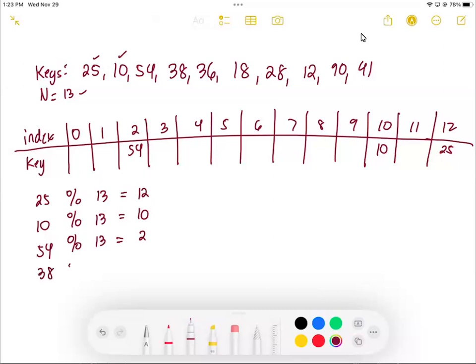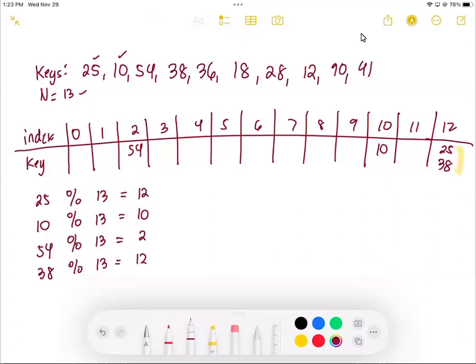Now, 38 modulo 13 is equal to 12. So there is some collision happening here because in the 12th bucket, the key 25 is already there. So let's just say we add 38 here for now, to show the collisions. Let's mark it: collision.